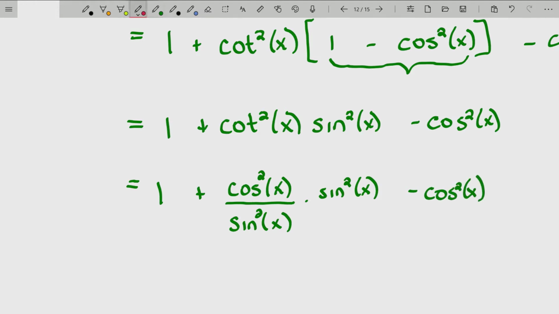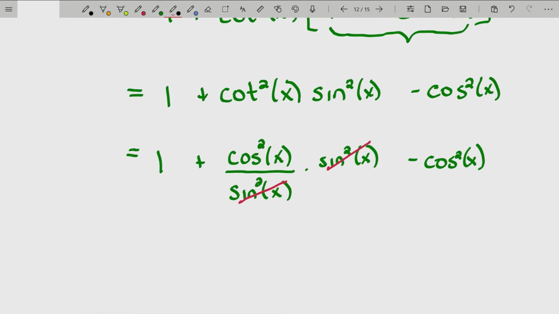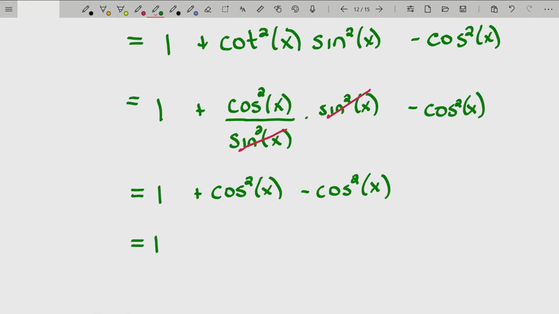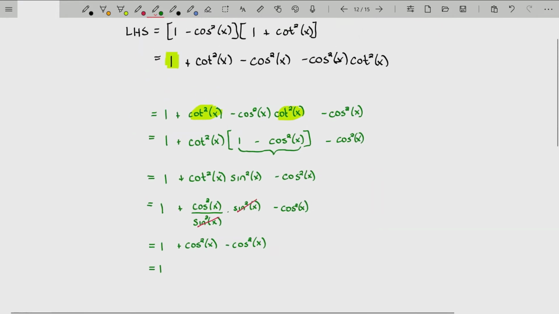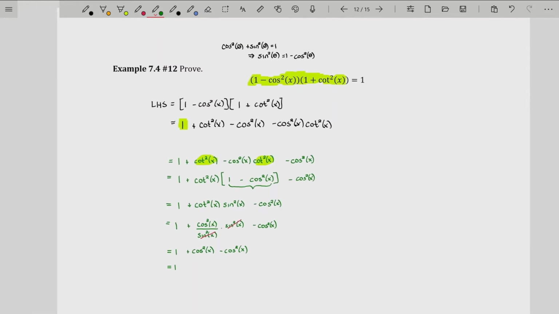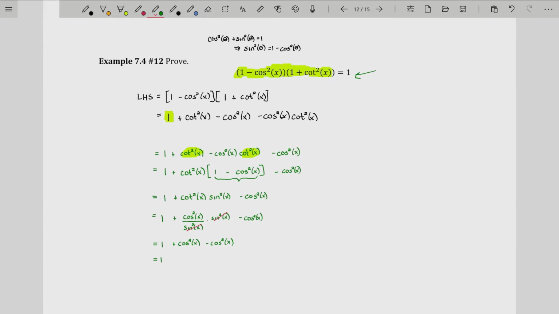You see the sine squareds cancel beautifully. And you have cosine squared minus cosine squared. I'll actually write that extra step in just so you can see it. Plus cosine squared of x minus cosine squared of x. And now you can see this does compress all the way down to the number 1, which is what we wanted to show. That's the right-hand side of our equation.